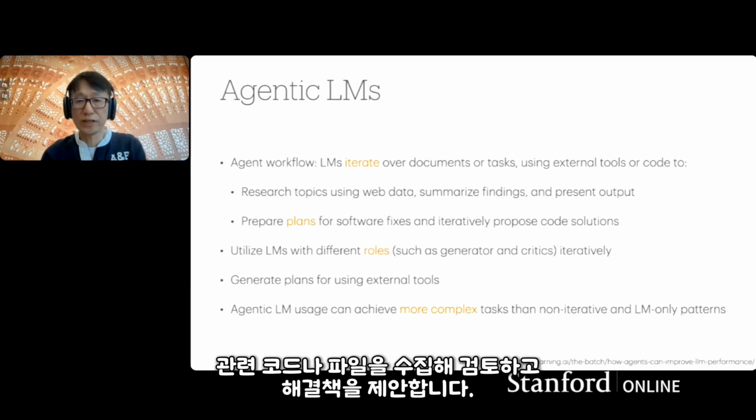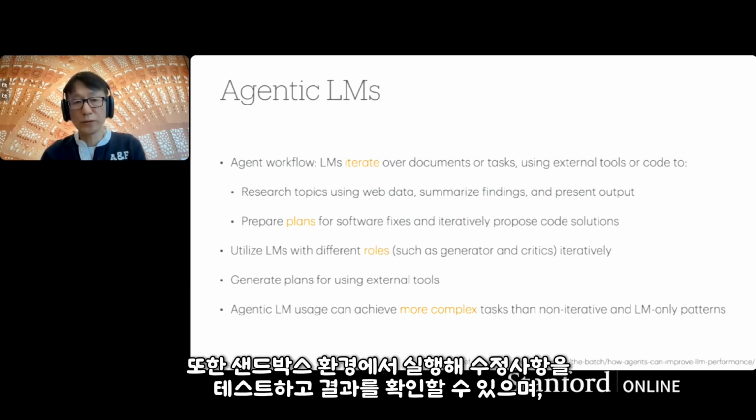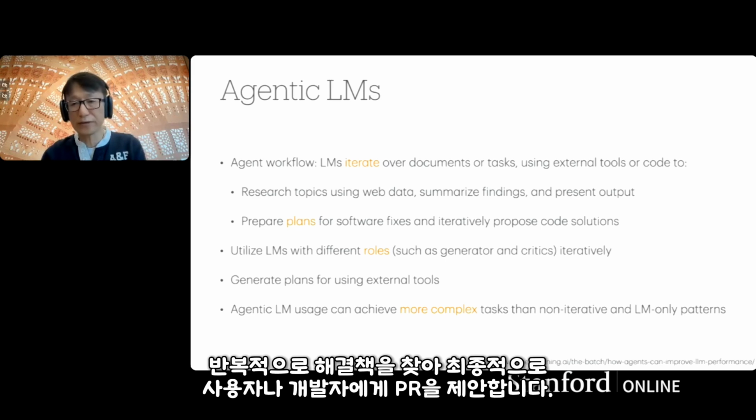Then it proposes the output, or it could also execute in its sandbox environment, test the fix, get the output, iteratively try to find the fix, and finally propose the pull request or the changes to users or developers.